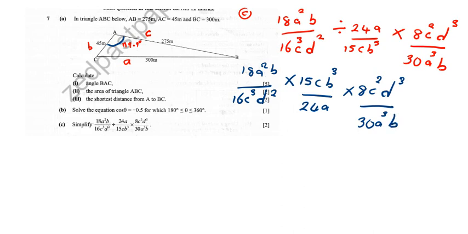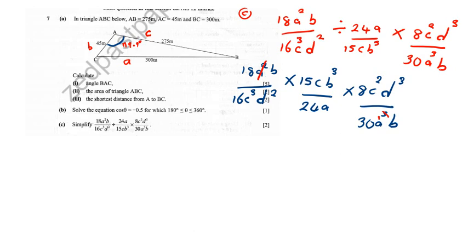So we'll be cancelling what is on top with what is down. So we start with a. We have 2 here which will go, and a here we have 3. So we are cancelling, remain with a 1, because 3 minus 2, 1 will be remaining.